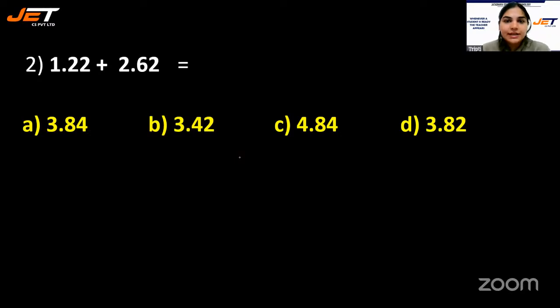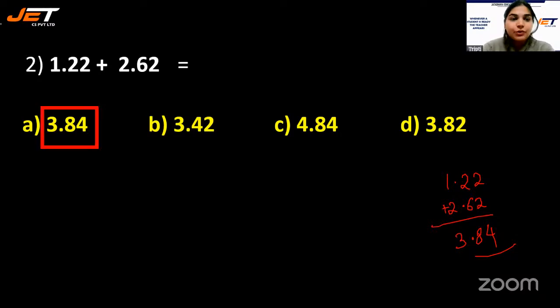Okay, I hope it's done. So for 1.22 and 2.62, 2 plus 2 is 4, 6 plus 2 is 8, 2 plus 1 is 3. So it's 3.84. Did you get the same answer?